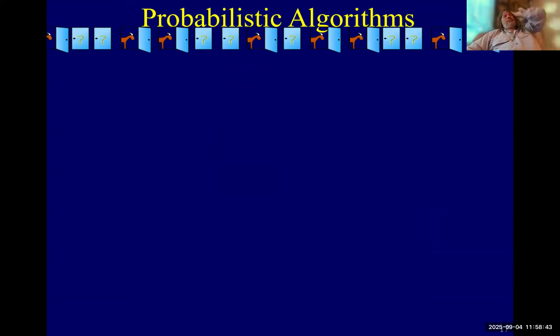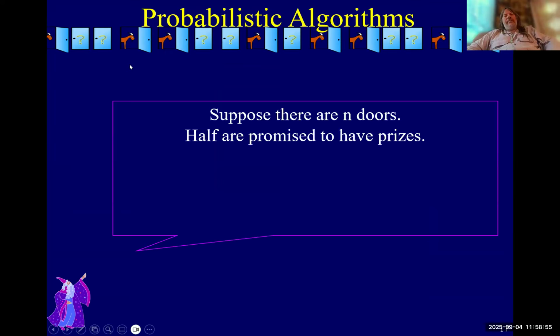All right? So this will give you some idea of different first order logic statements and how the game gets played differently. So just as an example, suppose we have n doors and we promise that half of them have prizes and half of them have goats, or maybe the goat is the prize.